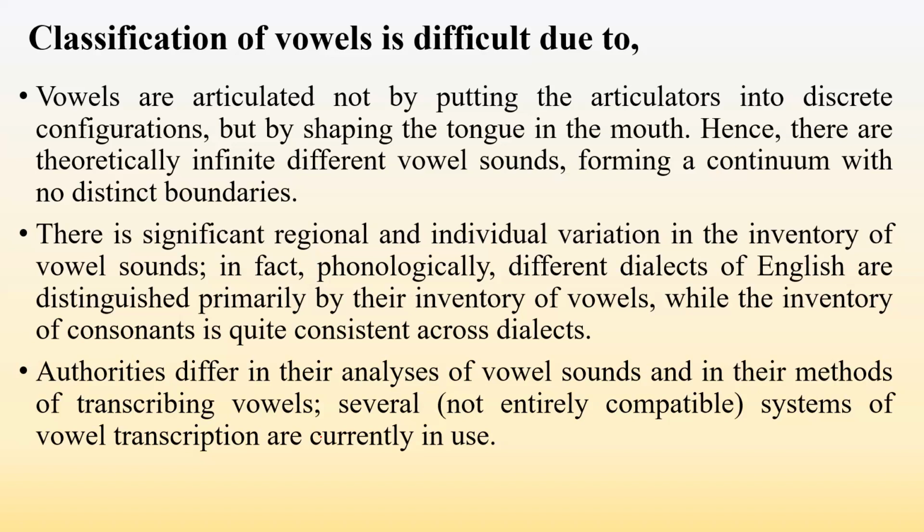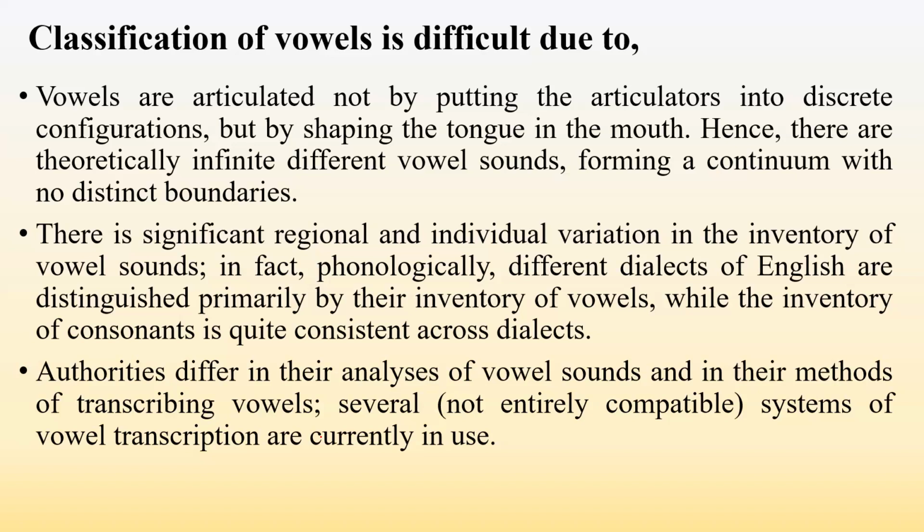Practically, when you observe the languages, especially different dialects of English, American English, British English, and beyond these two, African English, Australian English, Canadian English, Indian English, Sri Lankan English, and so on, all these dialects are distinguished primarily by their inventory of vowels, while the inventory of consonants is quite consistent across dialects.